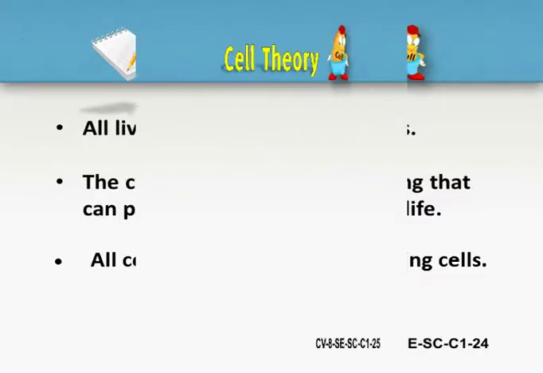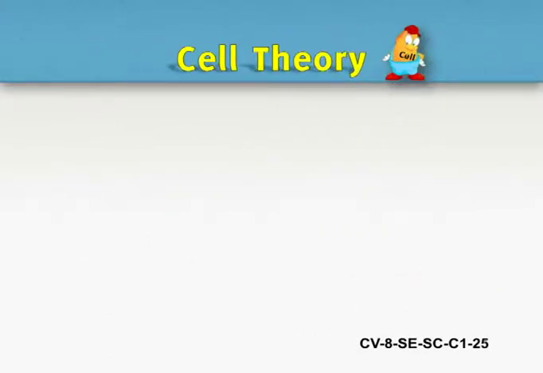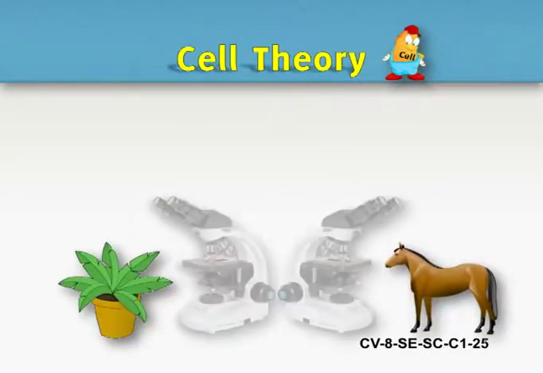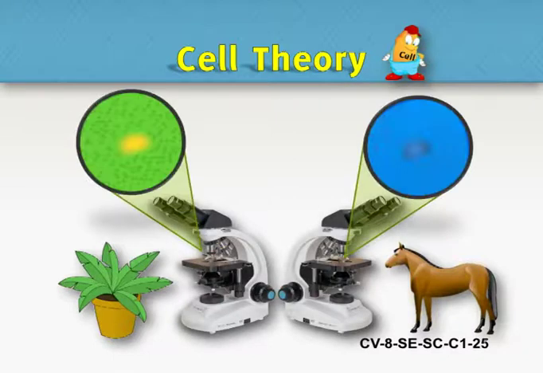What does the cell theory mean? Yes, if you observe any part of a plant or any part of an animal under a microscope, it will show cellular structure. All the activities in them are due to the activity in the cell.